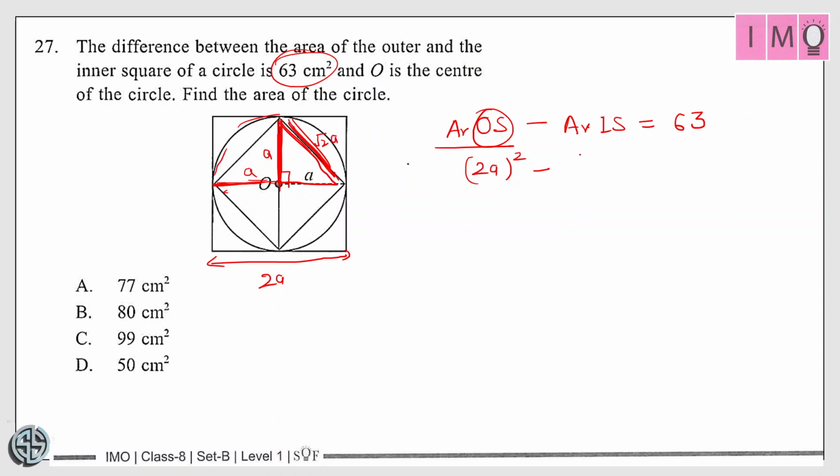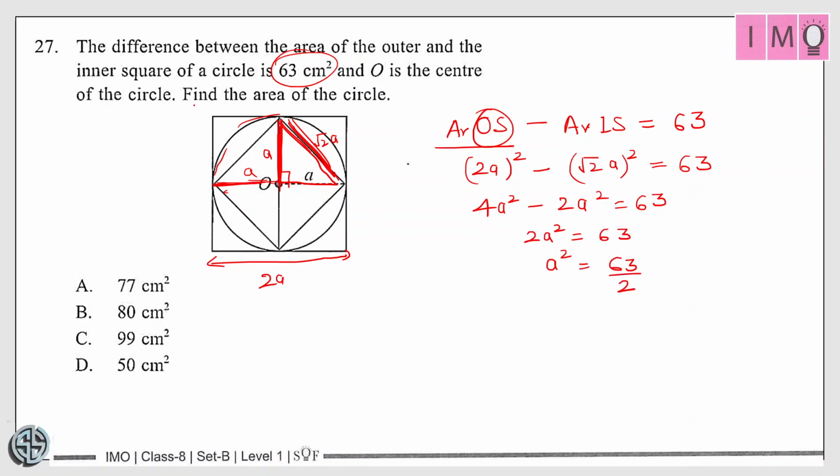So the side of the inner square is root 2 a. Now the area, side squared, will be (root 2 a) whole squared, and the difference is equal to 63. Now (2a) whole squared is 4a squared, minus (root 2 a) squared which is 2a squared, and the difference is 2a squared, equal to 63, right? Now when you solve, a squared will be 63 upon 2.